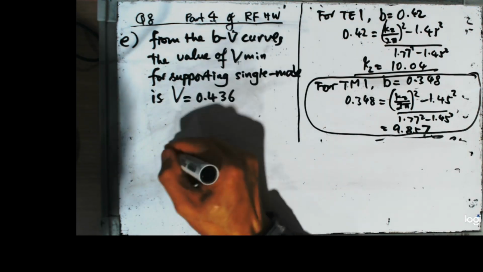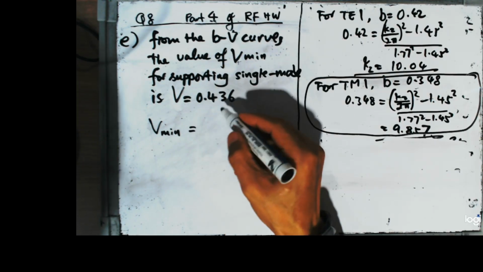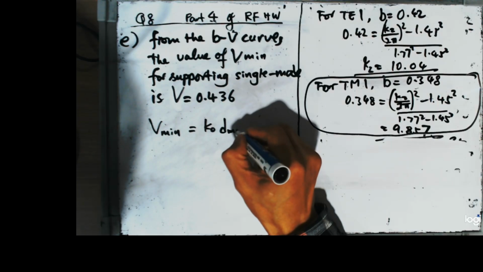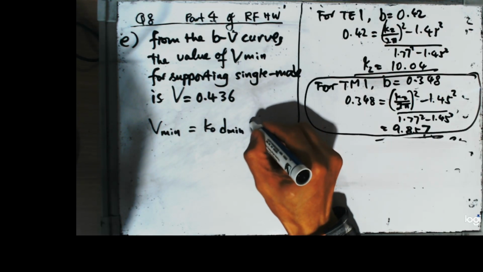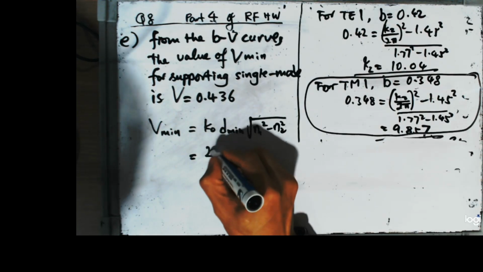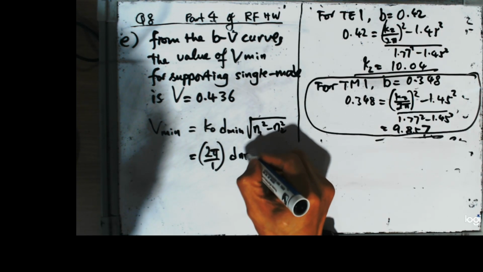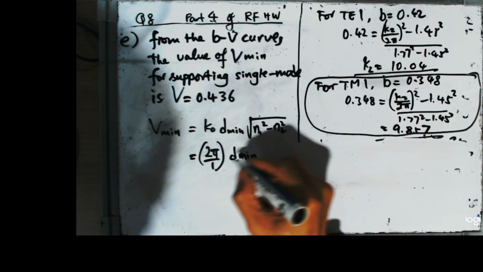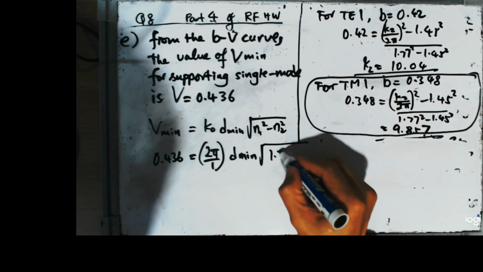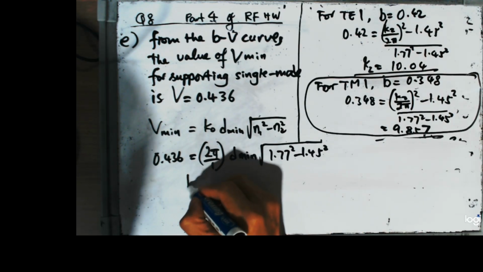So V minimum is equal to k naught d minimum times the numerical aperture. So 2 pi over lambda, and then the value of d minimum, and then 0.436 equals 1.77 square minus 1.45 square. And let's check the value of d minimum.